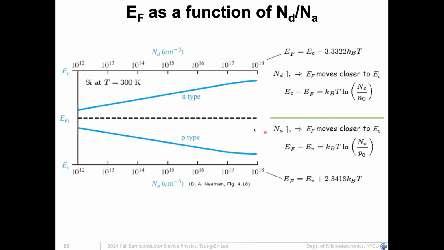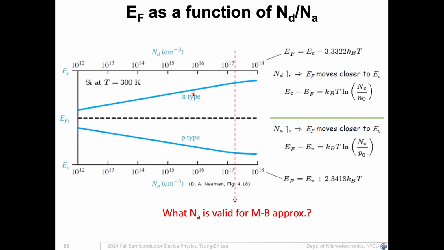The formula is listed here, as shown in the previous slide, with the natural log of NC over N0. So on a log scale, the difference between the Fermi level and the conduction band as a function of carrier concentration is almost linear.